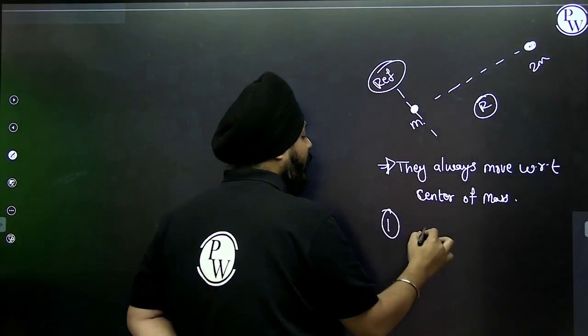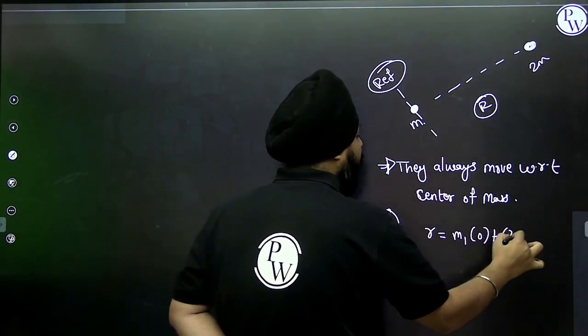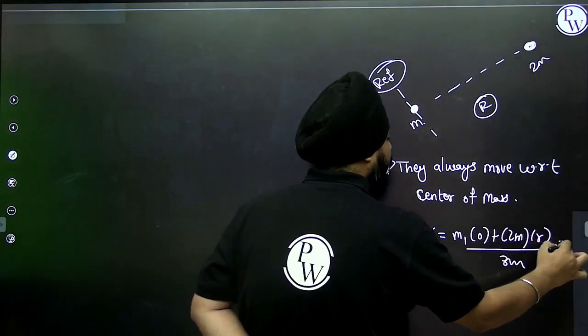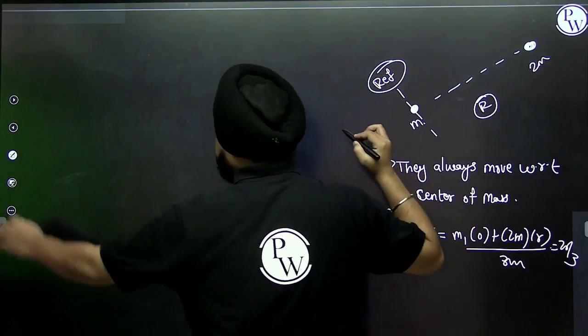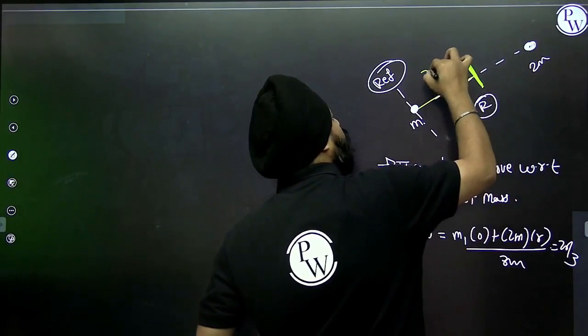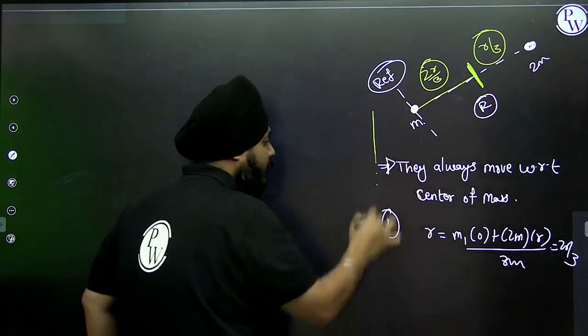This is the reference point. What will be the position? That is m into 0 plus 2m into r, whole divided by 3m. So it is 2r by 3. From this small m, the center of mass is at the 2r by 3 position, and from the other mass we have r by 3.